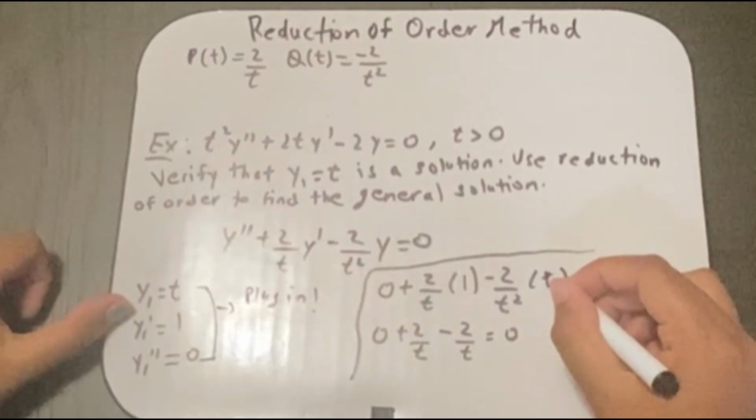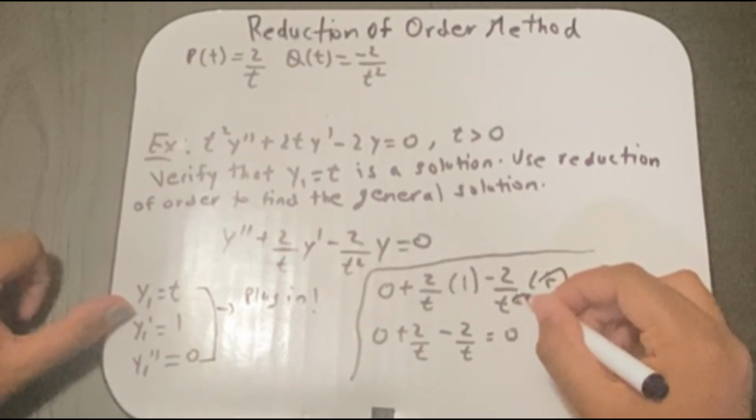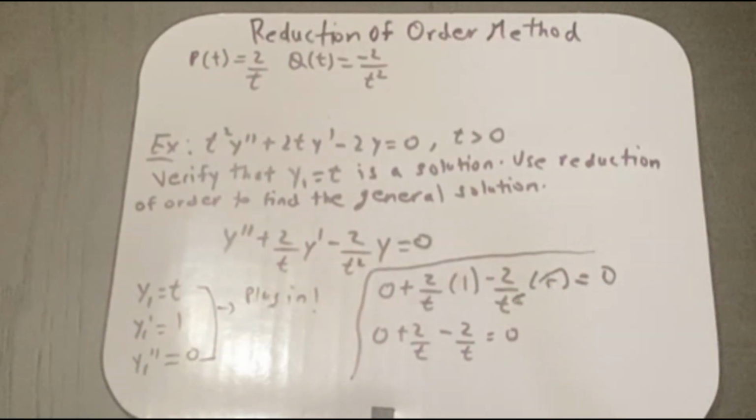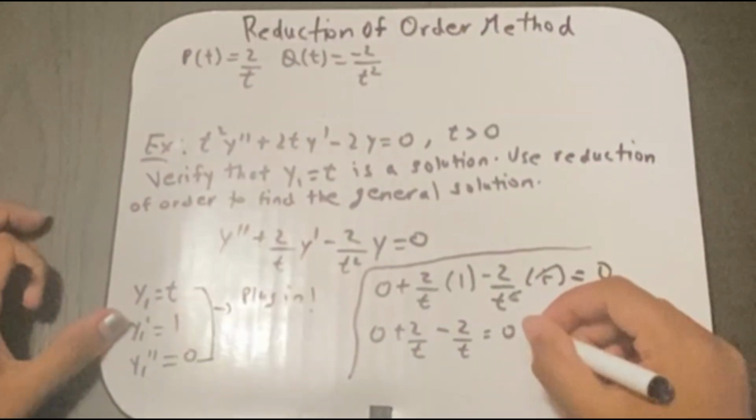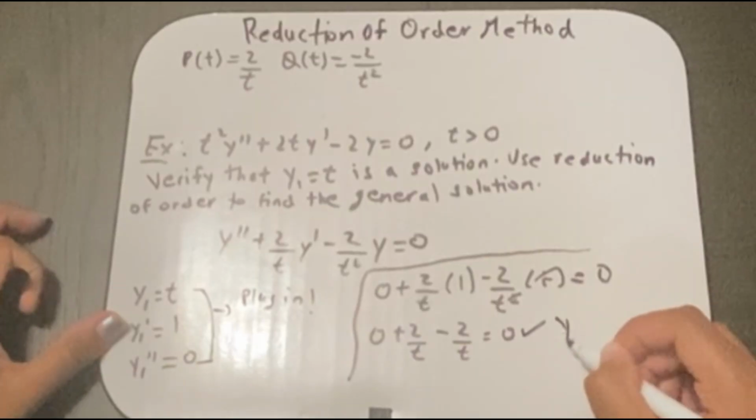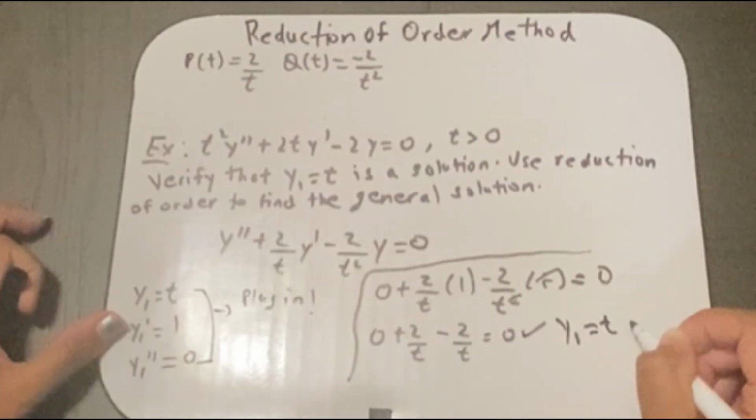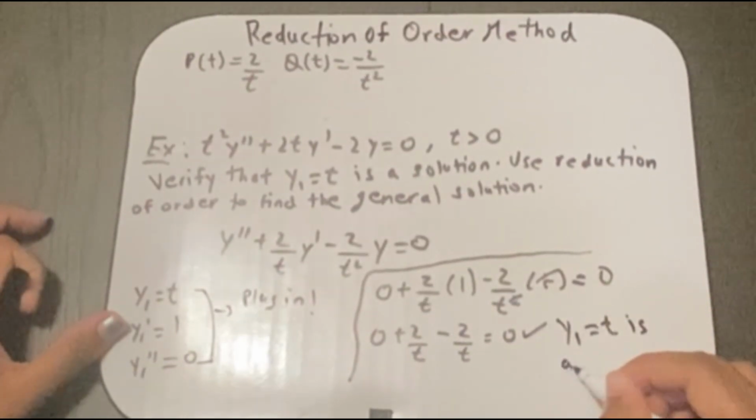This t cancels, and one t cancels here to be left with 1 over t. So we get 2 over t minus 2 over t is equal to 0, which indeed is true. So we've verified that y1 is equal to t is indeed a solution.